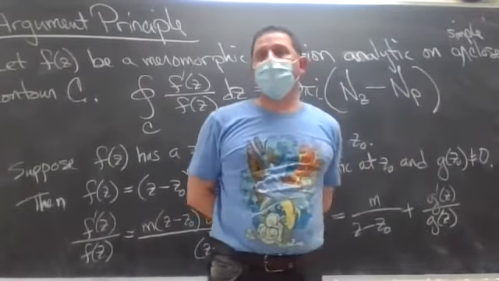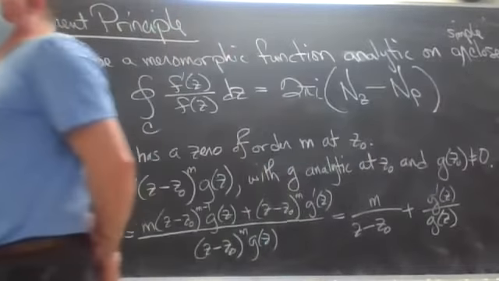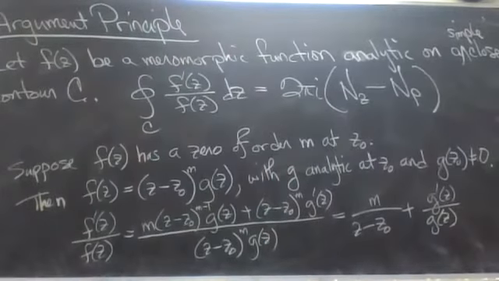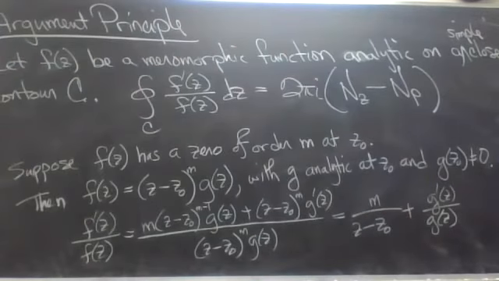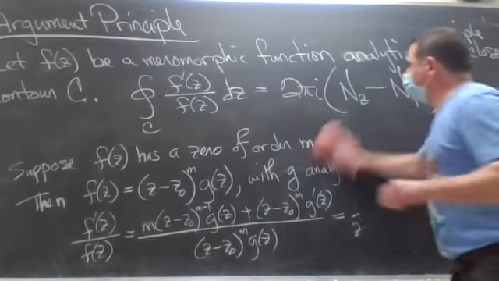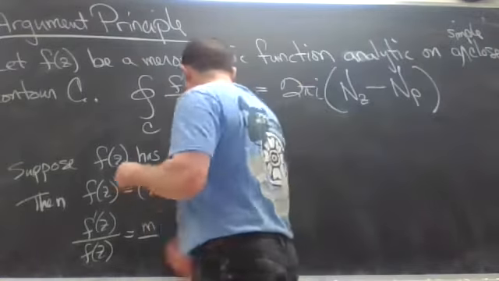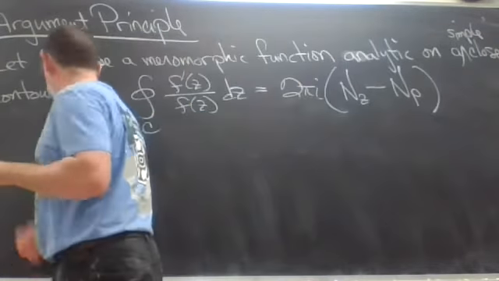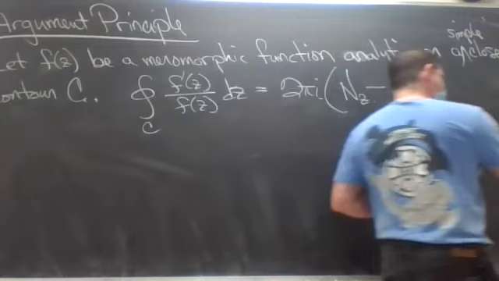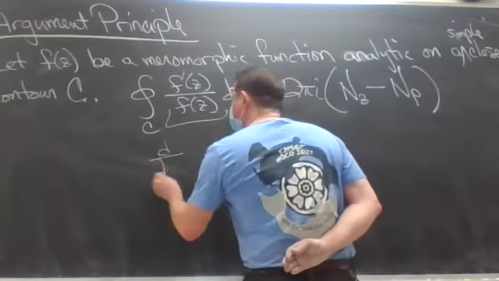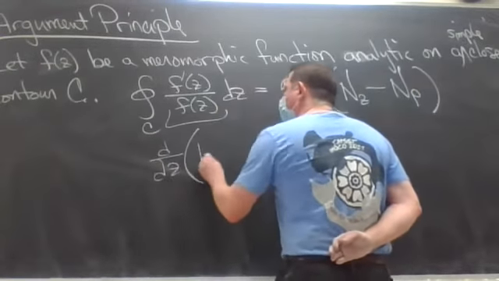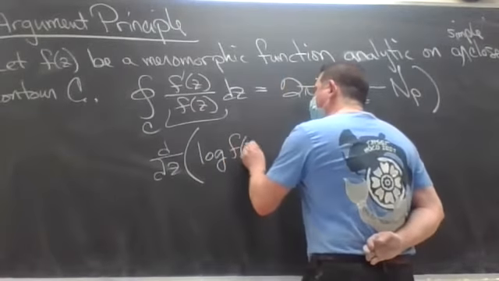Okay? There's another way that we can interpret this, which indicates the reason for the name, the argument principle. All right? So f prime of z divided by f of z is the derivative of the logarithm of f of z.